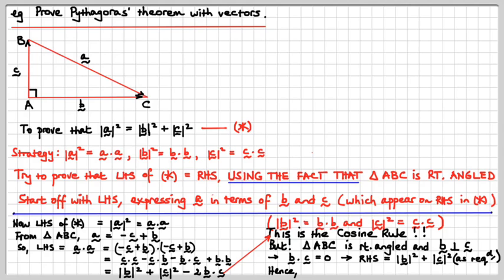Isn't it beautiful? So therefore you've got vector A magnitude all squared equals vector B magnitude all squared plus vector C magnitude all squared, as required. Isn't it great? We've just done, in one fell swoop, we've proved the cosine rule, and for the special case of a right angle triangle, we've proved it becomes Pythagoras' theorem.